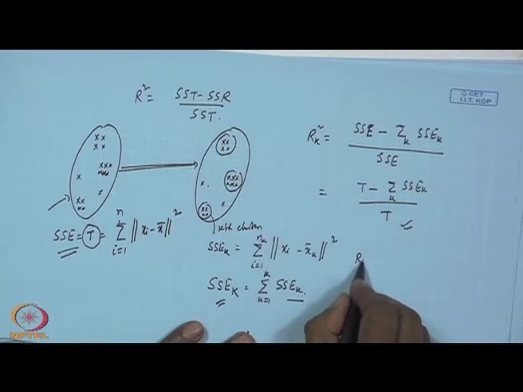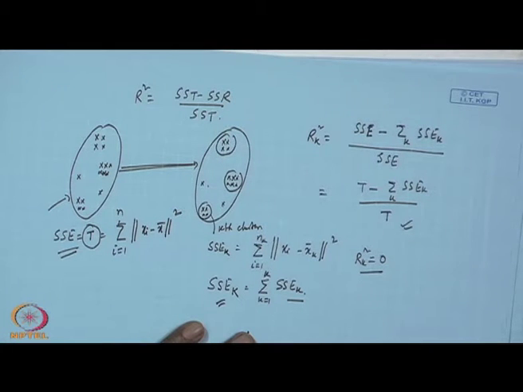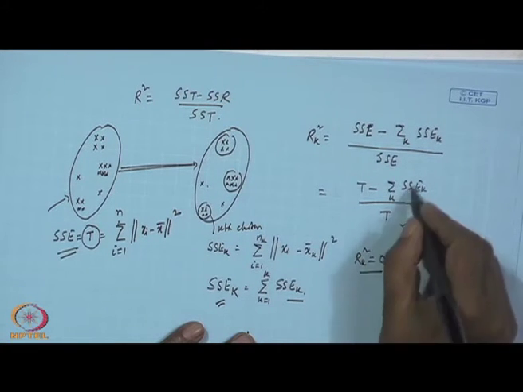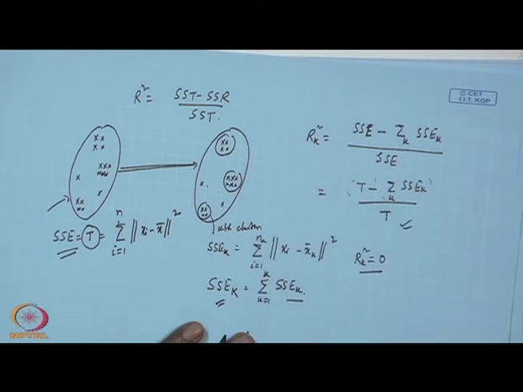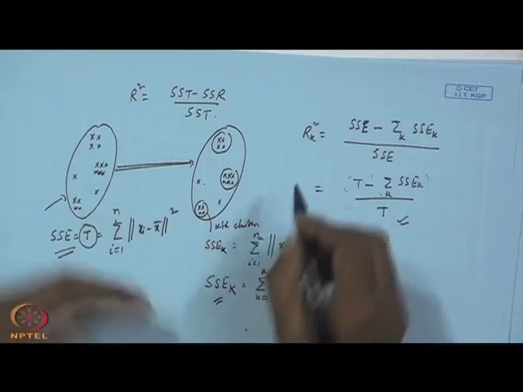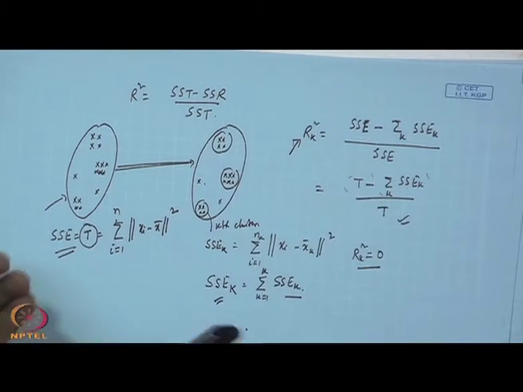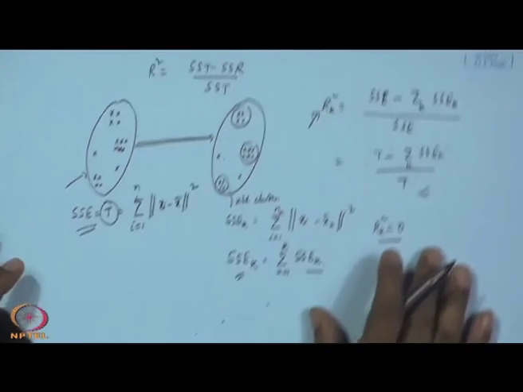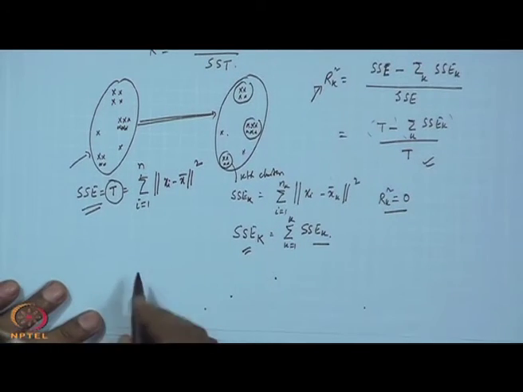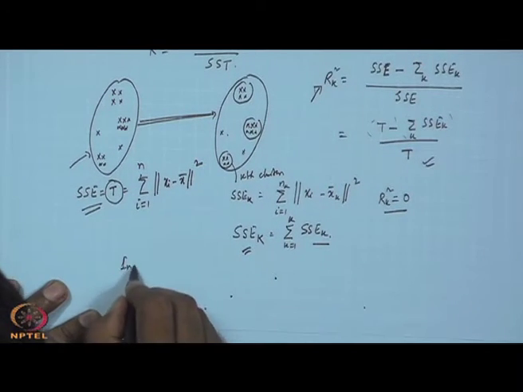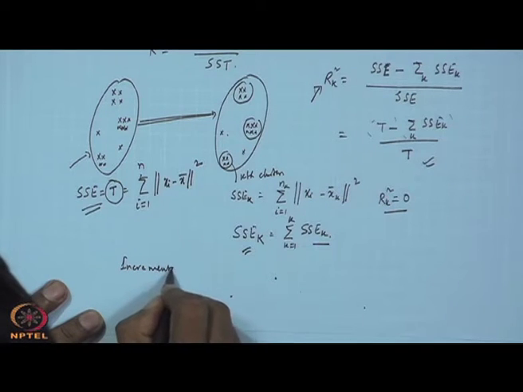Your Rk square will be 0 when this quantity equals T, and as you go on increasing the clusters, this value will change. If you decrease, this value will change. So ultimately what you want here is to find out the incremental change.